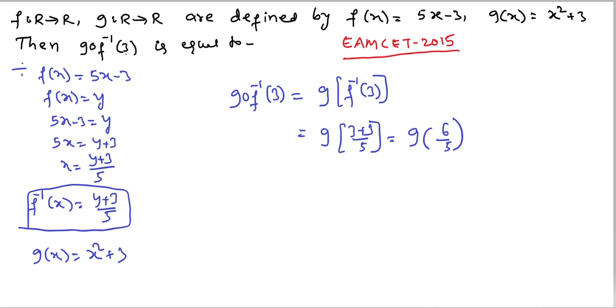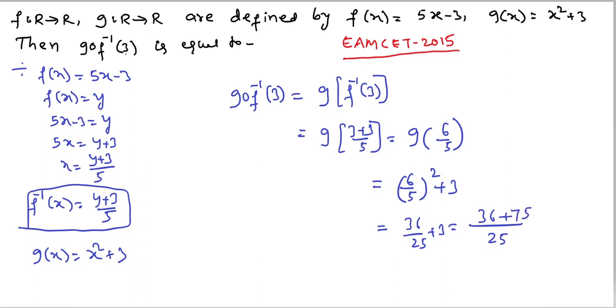Now g of 6 by 5 is (6 by 5) whole square plus 3. (6 by 5) whole square is 36 by 25 plus 3, take LCM, that is 25. 36 plus 3 into 25, 75, 75 plus 36, 111 by 25.